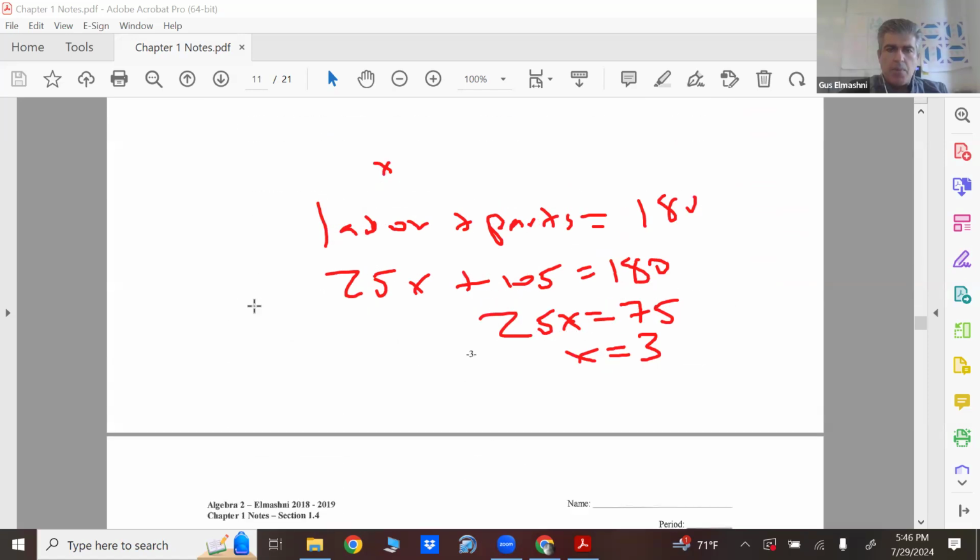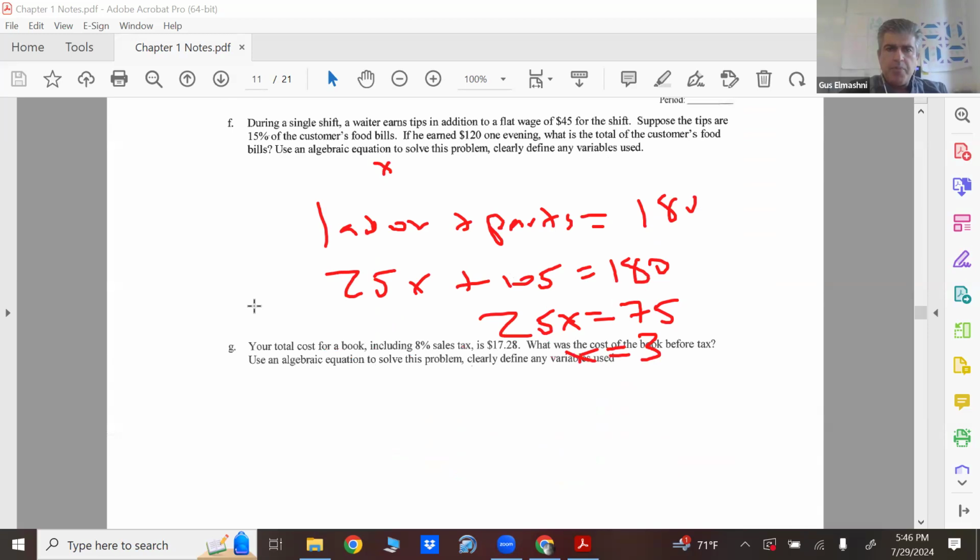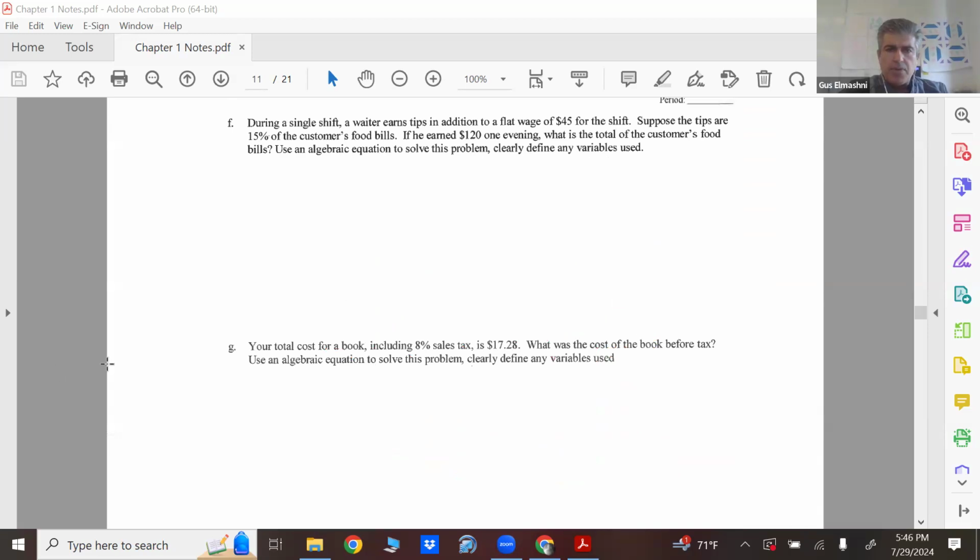And then we've got about 3 more problems here. During a single shift, a waiter earns tips in addition to a flat wage of $45 per shift. The tips are 15% of the food bill. The person earned $120 one evening. What was the total of the customers' food bills? So basically, you don't know the food bills, it's x. 15% of that plus the flat wage has to equal 120.